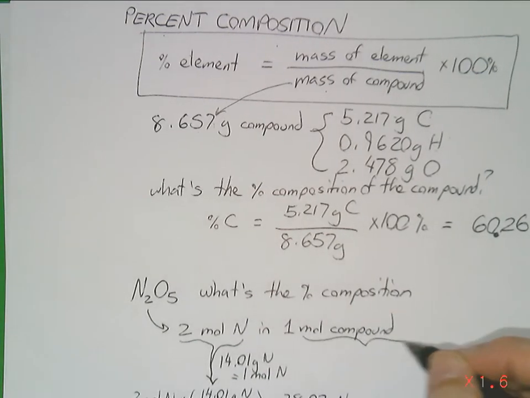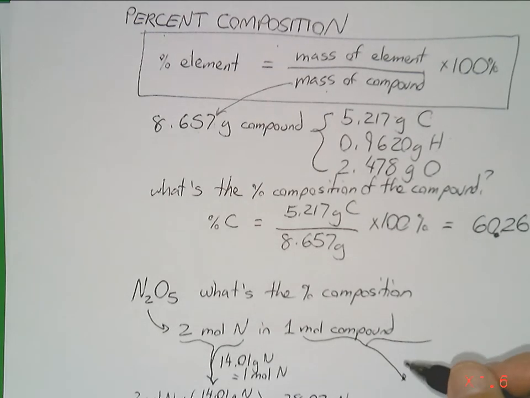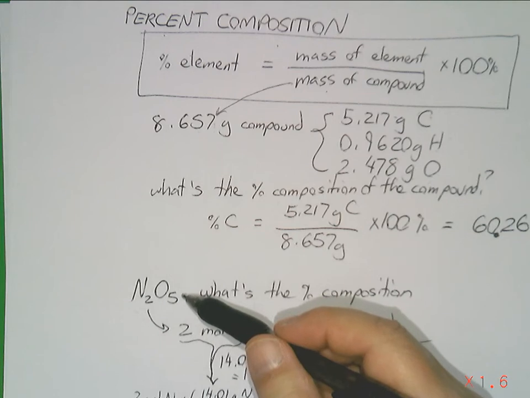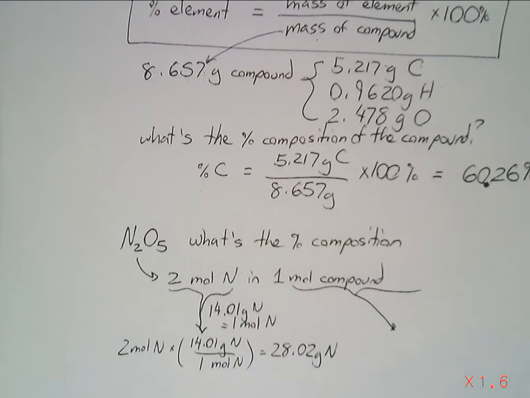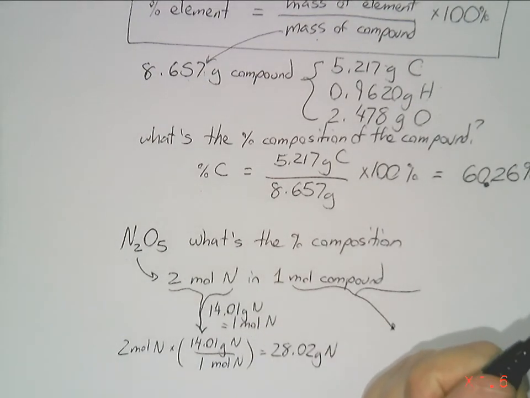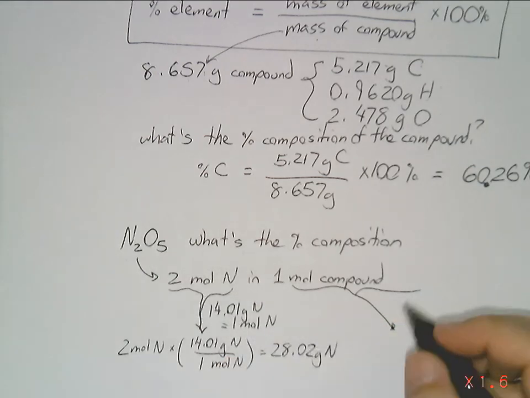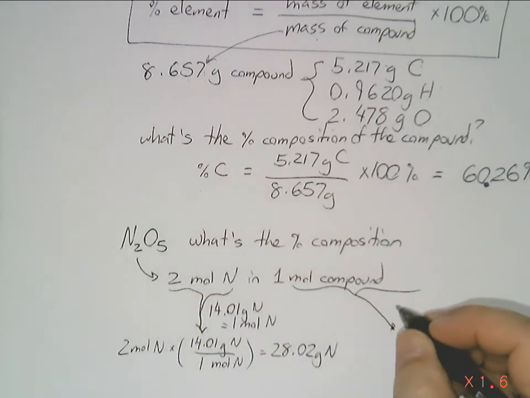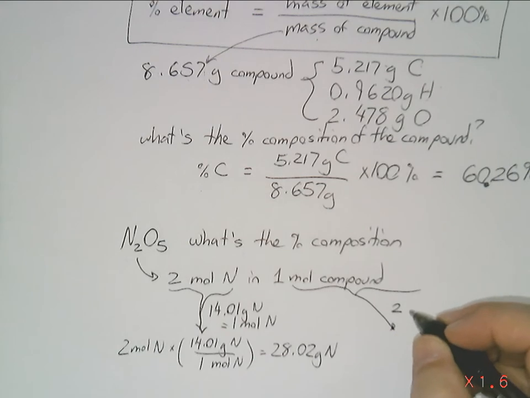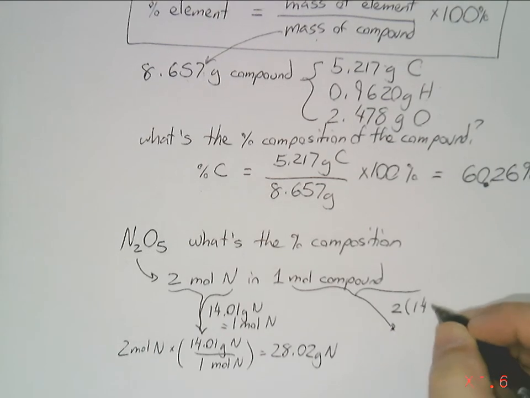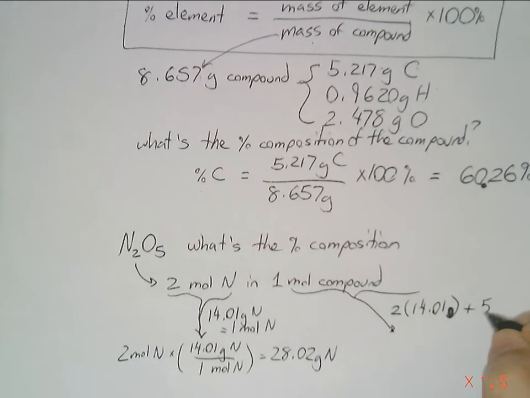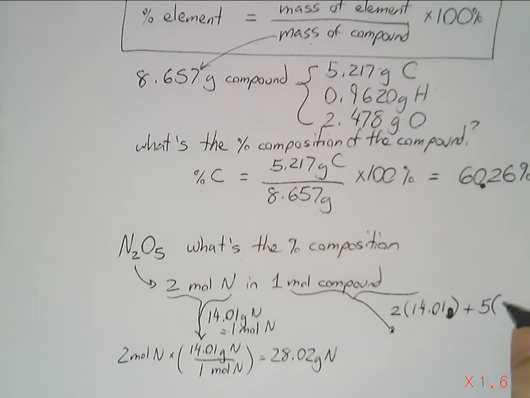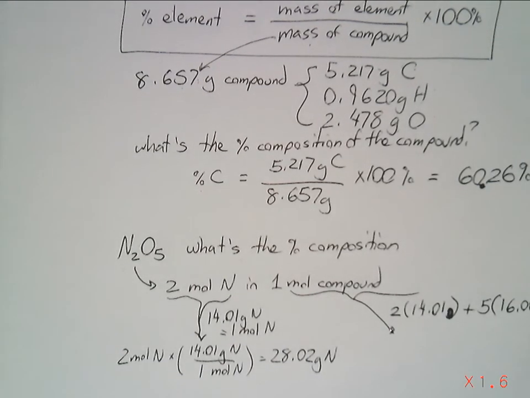Now I have 1 mole of compound. I can turn that into a mass too. I need to know the molar mass of this. The first couple of questions on your worksheet have you go and actually figure out the molar mass for the compound and nothing else. Now, I have to remember how to do that. We did that a while ago. You got 2 moles of nitrogen, so it's 2 times the molar mass of nitrogen, which we said was this, plus 5 times the molar mass of oxygen, which is about 16.00.